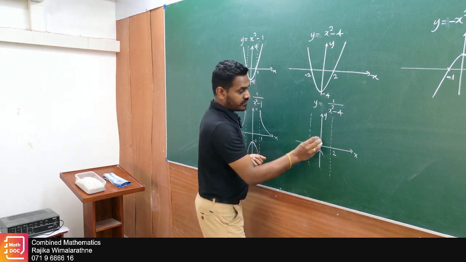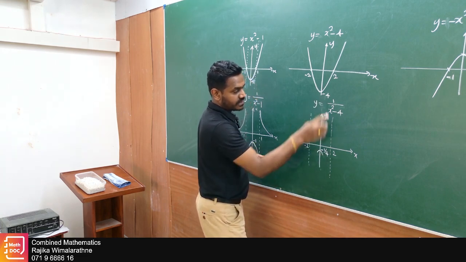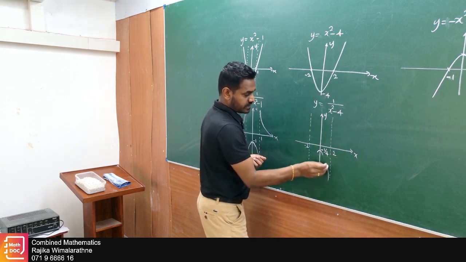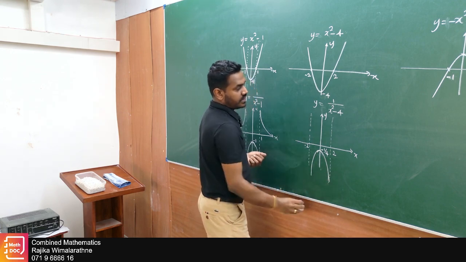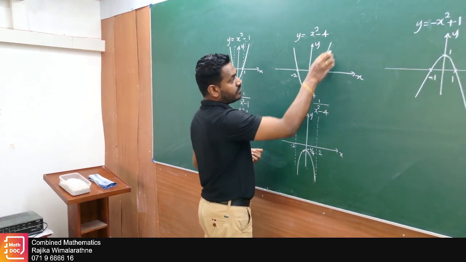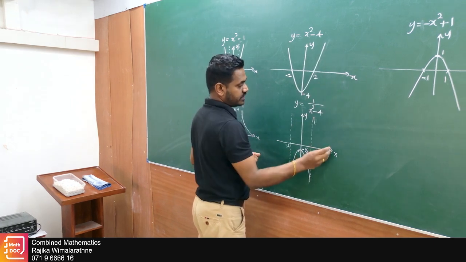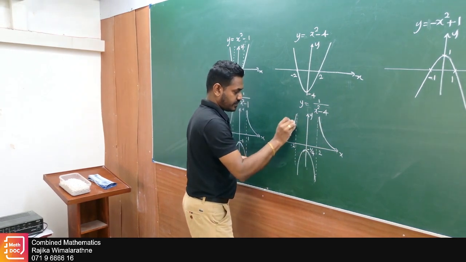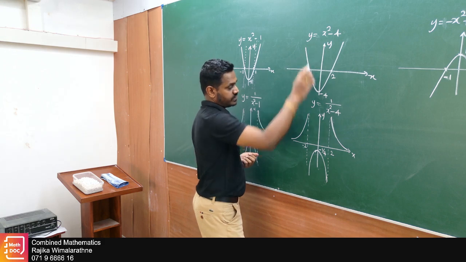Minus 4 reciprocal is minus 1/4. Then 0 tends to infinity. Touch. It goes like that. Then here positive region, plus infinity. Infinity tends to 0, 0 tends to infinity.